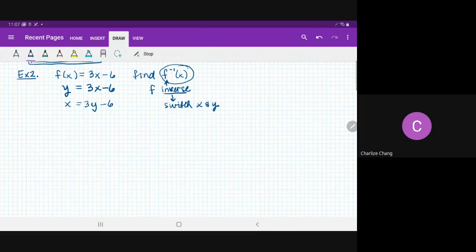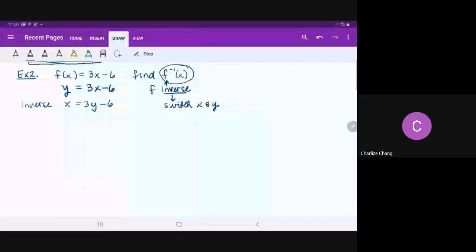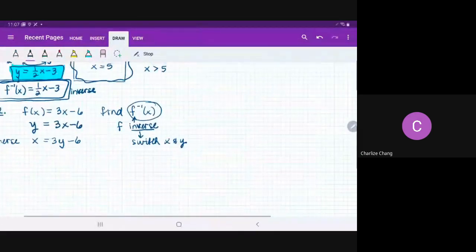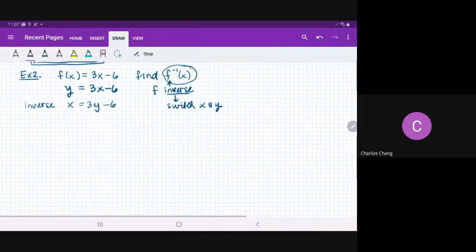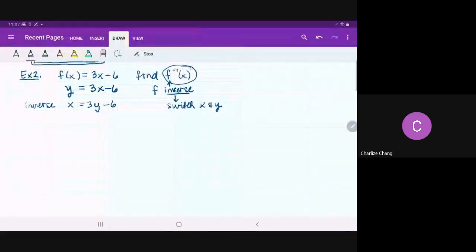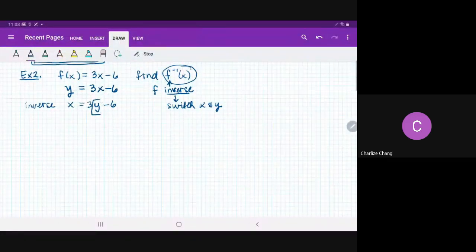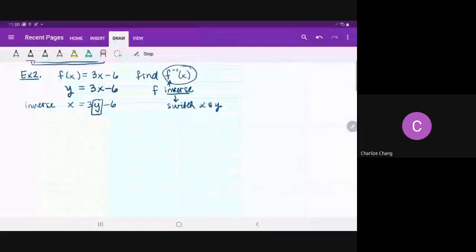But if it just said the words find the inverse, technically this is the inverse. It's just not in the right format. So I'm going to call this one the inverse, but I want to get it in the right format so that I can present it correctly. In calculus, sometimes you're not able to solve for y, so you can't do the following steps. But in ours, we're doing lines, so you can.